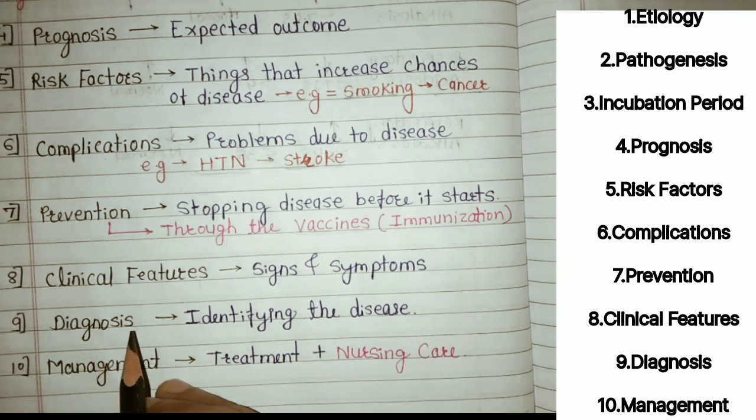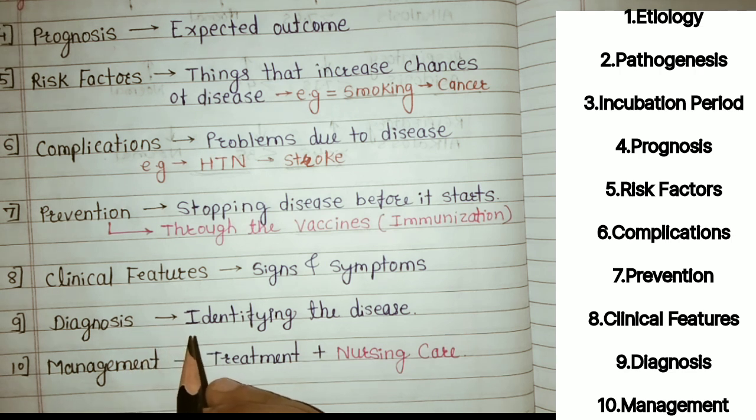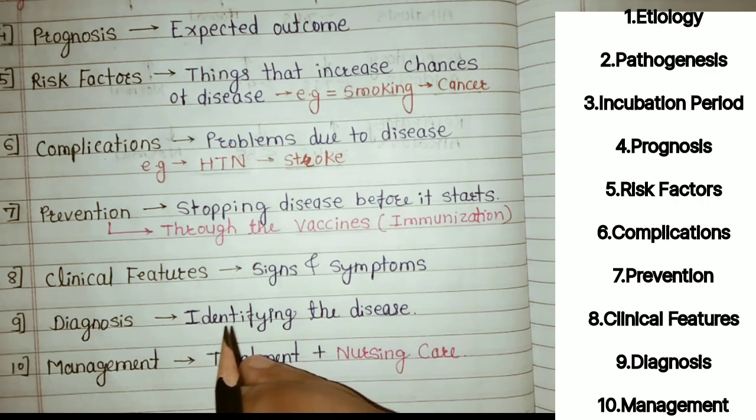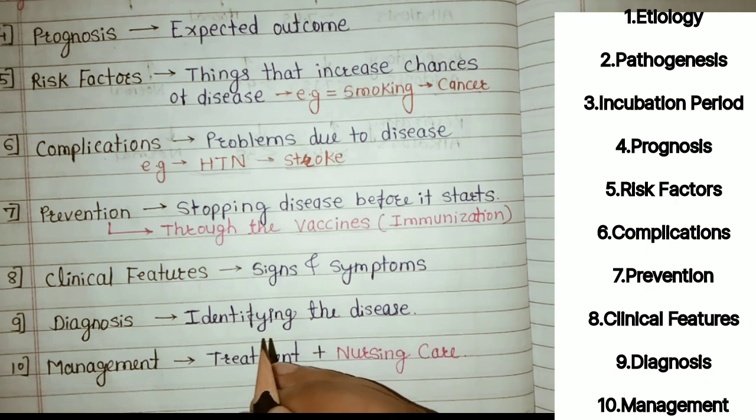That is diagnosing according to history collection. When your patient comes to the hospital, first of all we take history collection. In that, all the data and criteria we write down, and according to that we diagnose the disease.